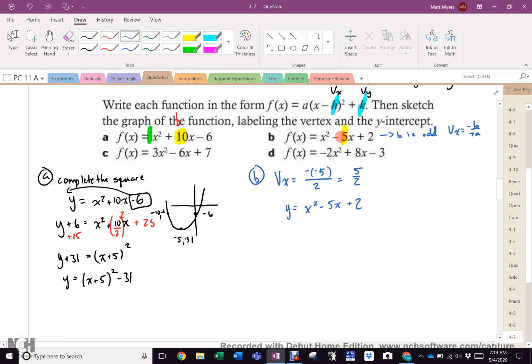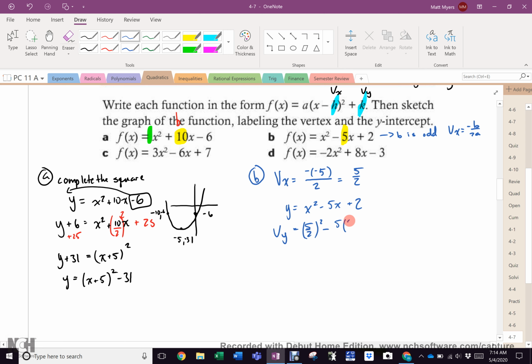If you're comfortable completing the square and using a fraction, go ahead and do that. So this becomes 5 over 2 squared. Vertex y equals 5 over 2 squared, because this is an x value. That's an x.